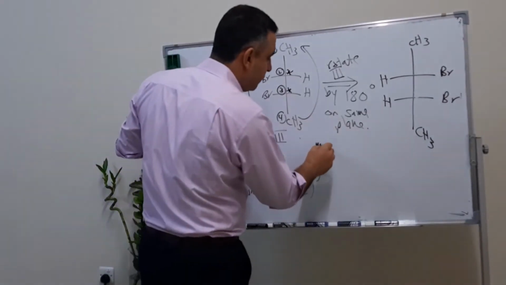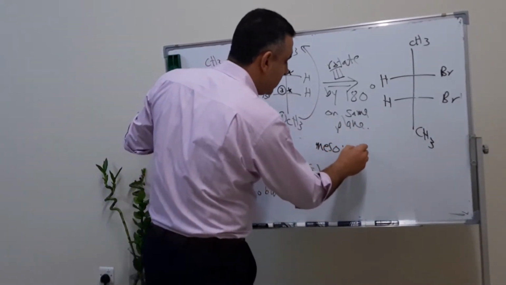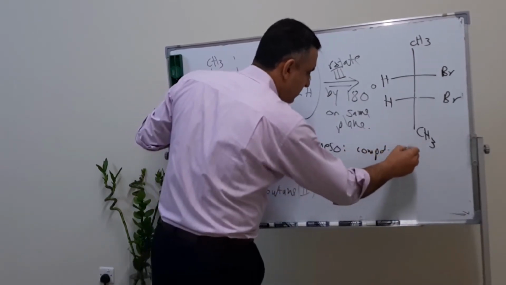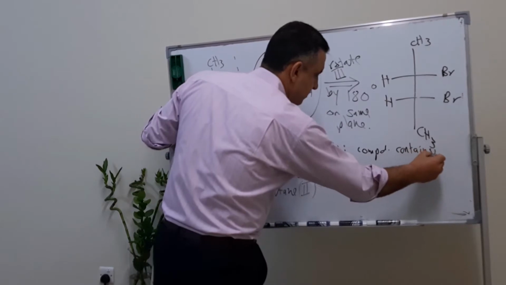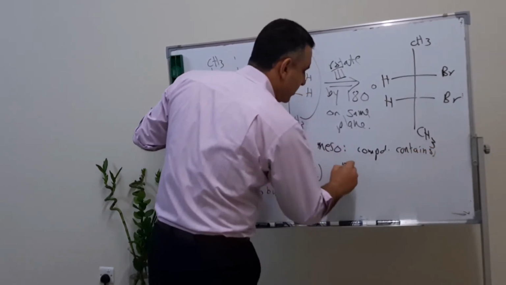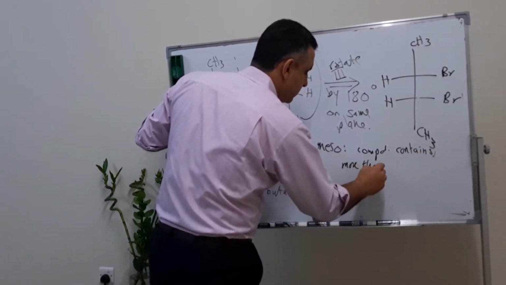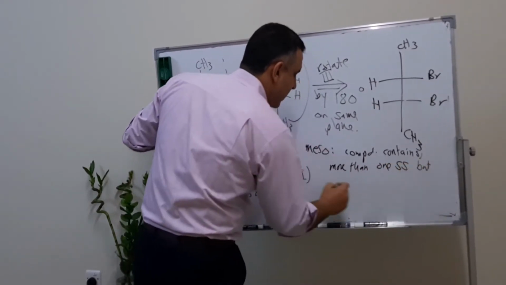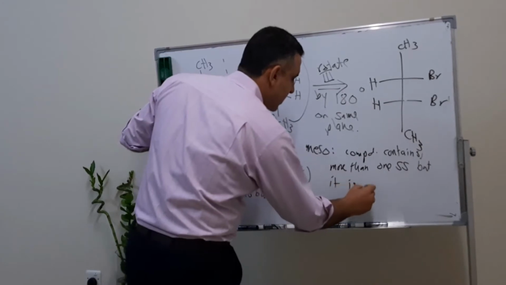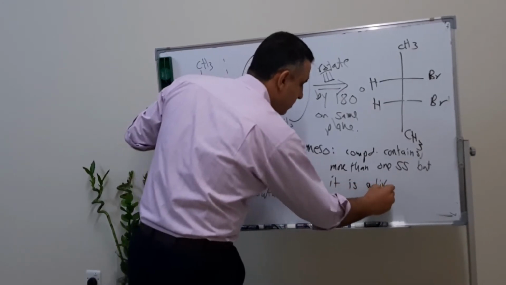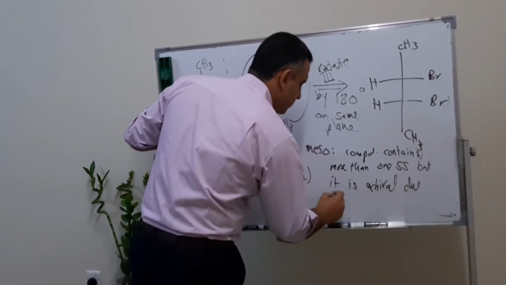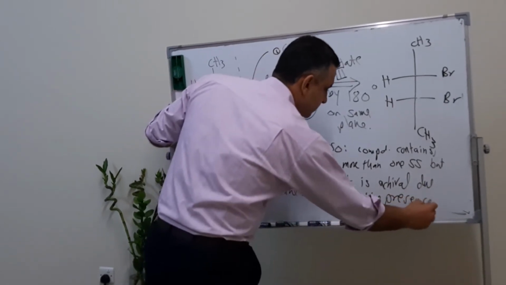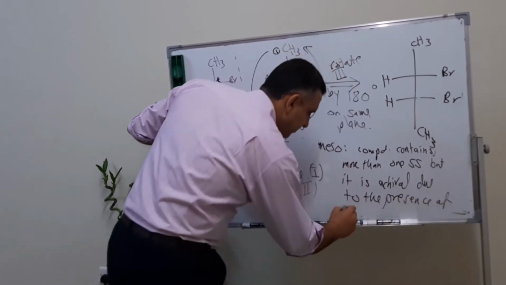And a meso compound is a compound that contains more than one stereocenter, but it is achiral due to the presence of a plane of symmetry.